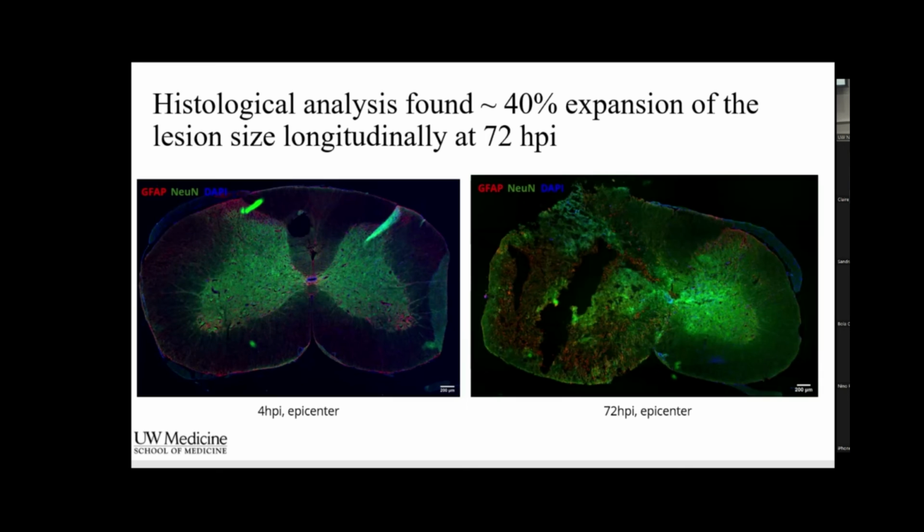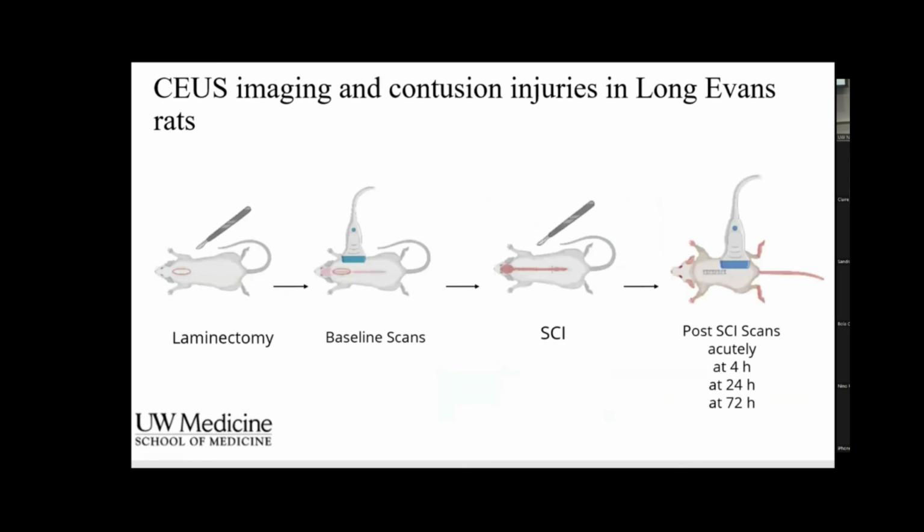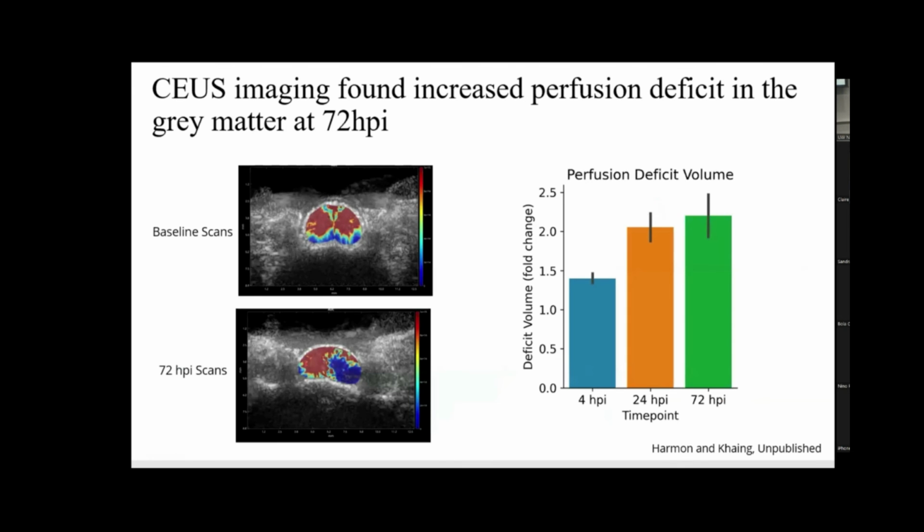And also, when I was looking at the slides on the microscope, longitudinally, the damage was about 40% more expanded at 72 hours compared to 4 hours, which, if we go back, you can see there's about a 40% increase from 4 hours to 72 hours on this graph.